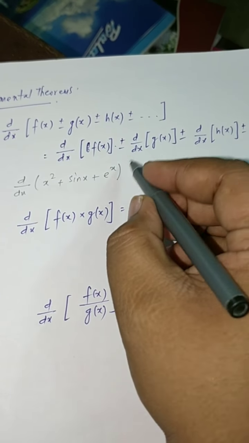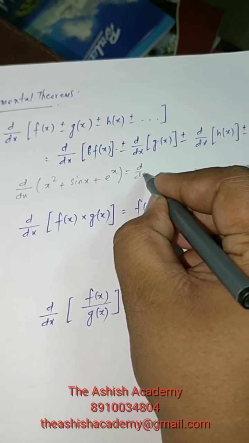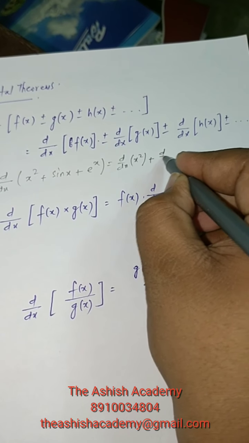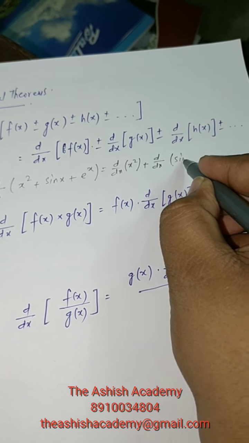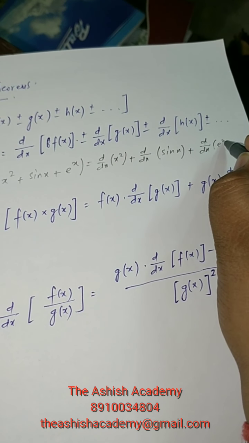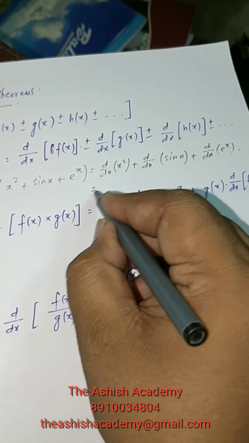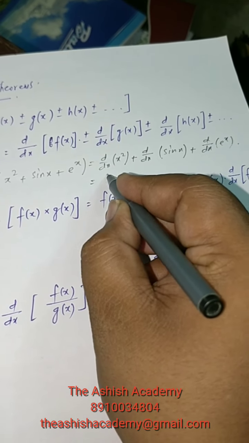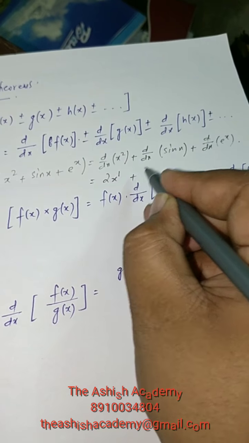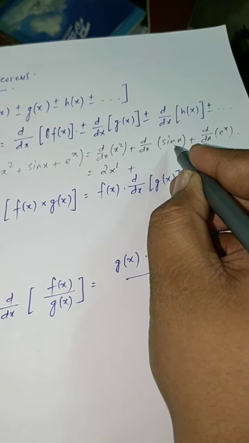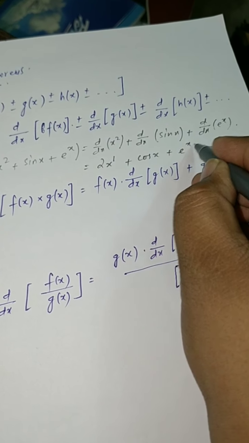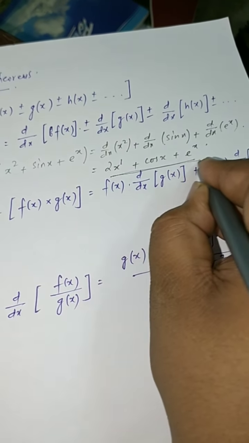That has to be written as d/dx of x square plus d/dx of sin x plus d/dx of e power x. d/dx of x square, we know 2 will come, x, now the power will become 1 less, so it will become 1. d/dx of sin x, direct formula, we'll write cos x, and d/dx of e power x is e power x. So this is our final answer for the first case.